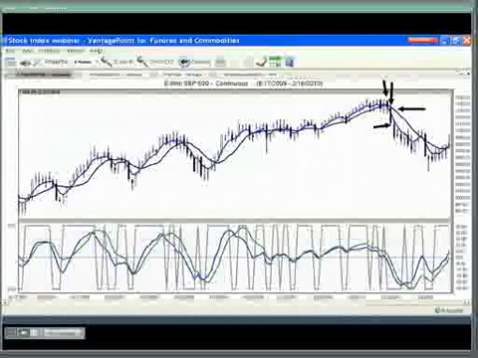The difference between 1134 and 1110, you don't need a calculator to figure that one out. 24 points, $1,200. A pretty good idea, if you like to get the most out of your trading, is to take advantage of those crossovers as early as you possibly can.